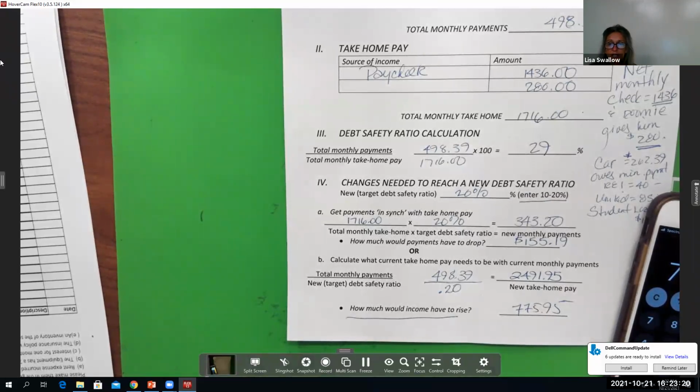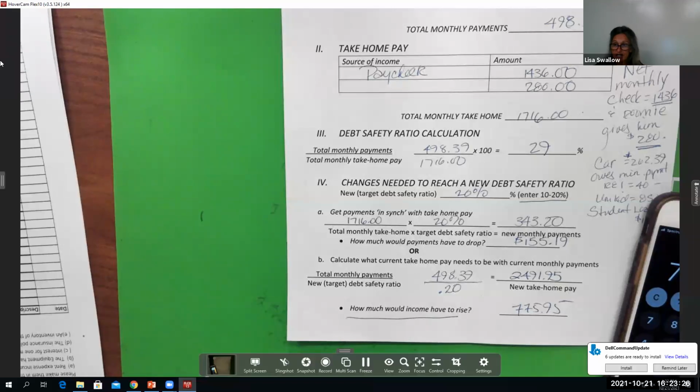So this is basically a way of evaluating where you're at and what you need to do to come into sync with a healthy debt safety ratio. What happens with lots of people for years on end is this number's crazy. It's 30% or 40%, and folks can never find their way out.